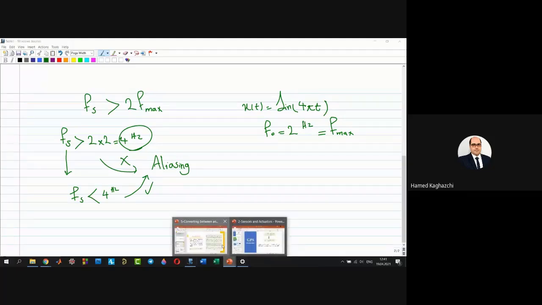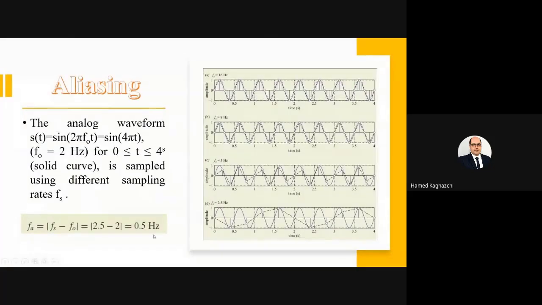Now look at this example, my Fs is 16 Hertz. Is 16 Hertz greater than 4 Hertz? Yes. It means that I will not have aliasing, and this sampling rate is correct. If Fs is 8 Hertz, also everything is okay, because I will not have aliasing. If Fs is 5 Hertz, again everything is okay.